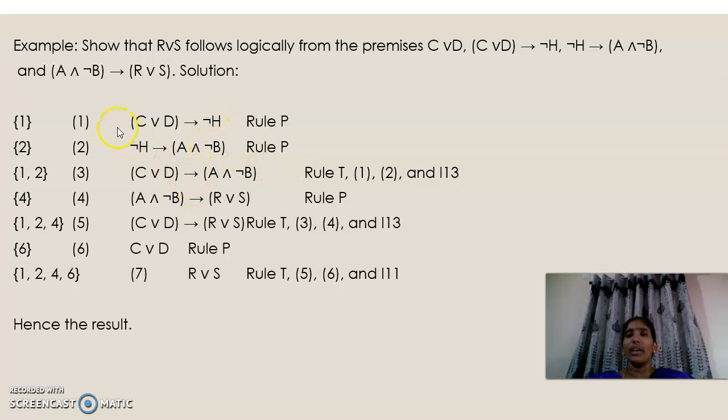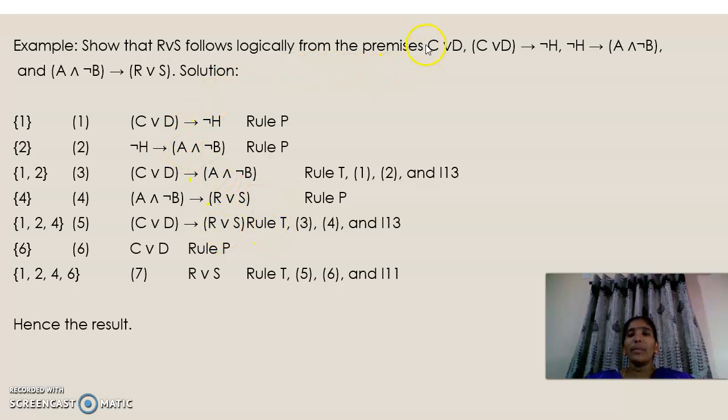And the next premise is A and negation B conditional R or S. Okay, this is rule P. By using these two, by using rule I13, you write down C or D conditional R or S. Okay, so this is rule T.